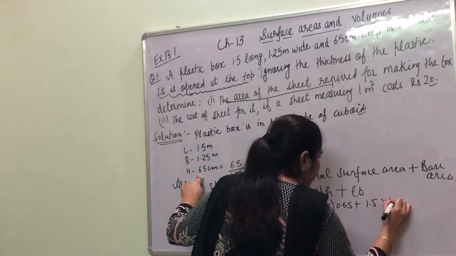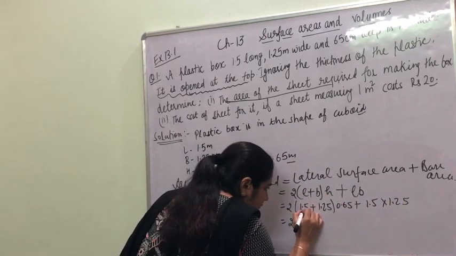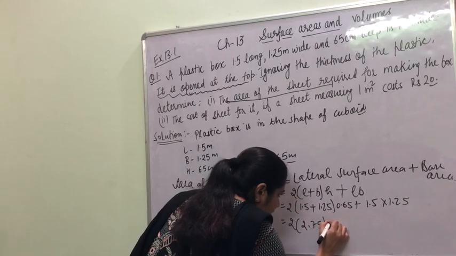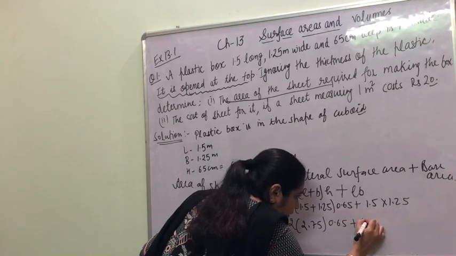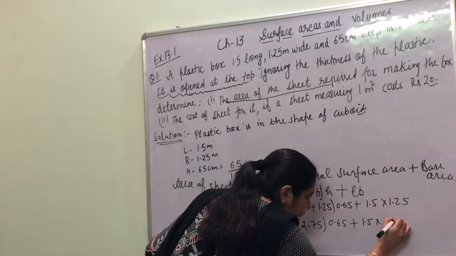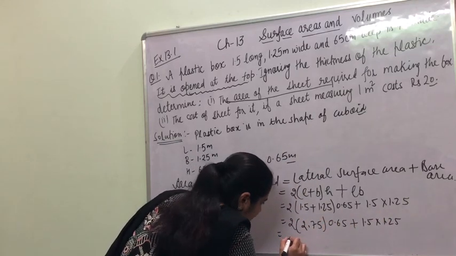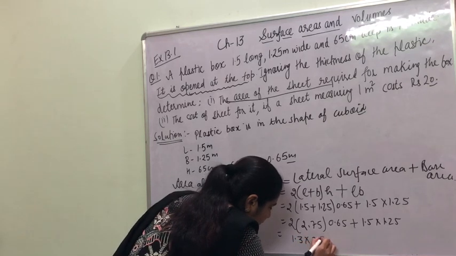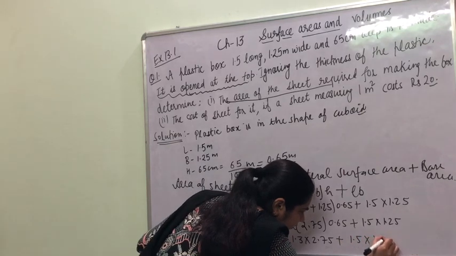Now we are doing the calculation. 1.5 plus 1.25 is 2.75 into 0.65 as it is. 1.5 into 1.25 as it is I am writing. 2 into 0.65 is 1.3 into 2.75.